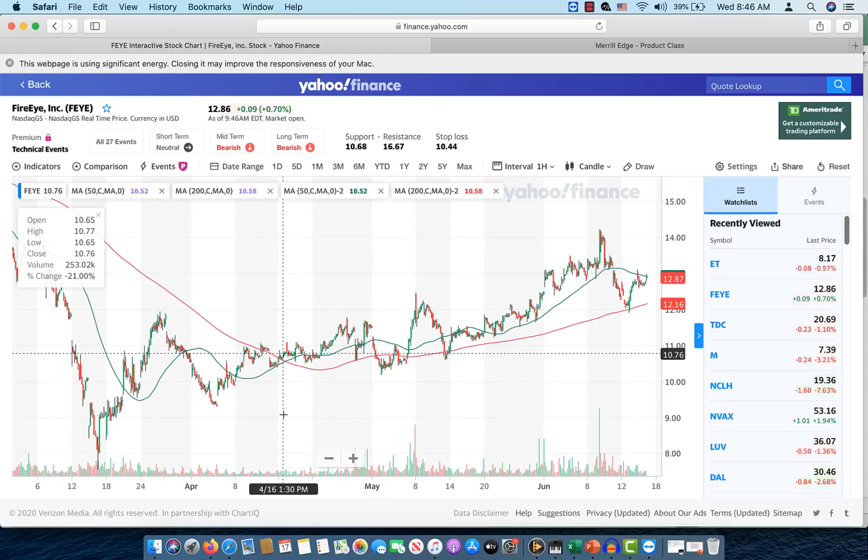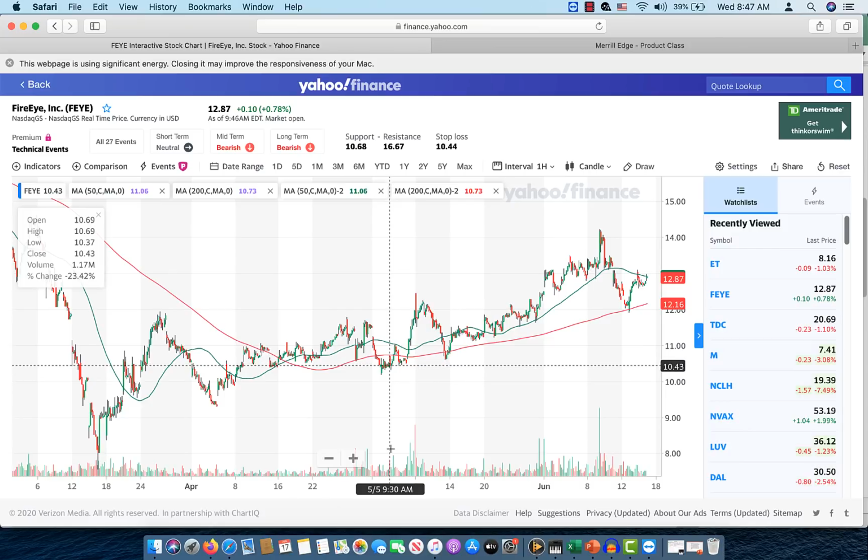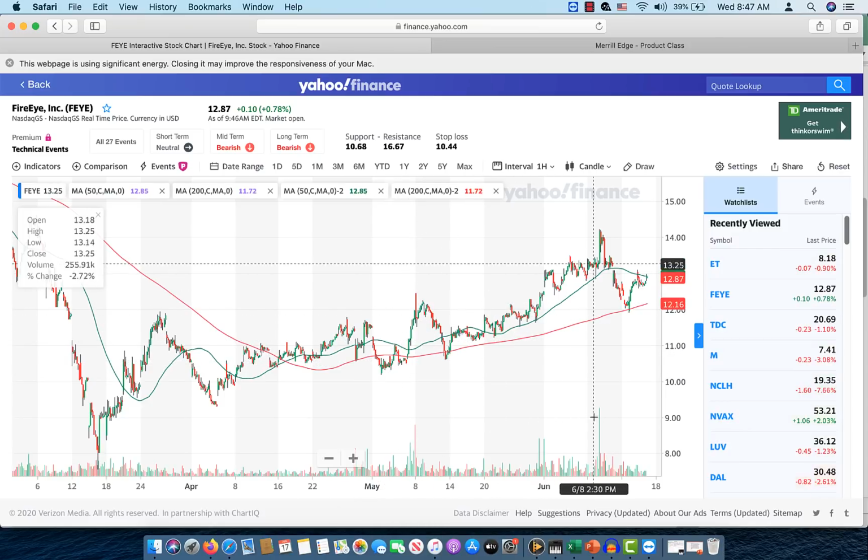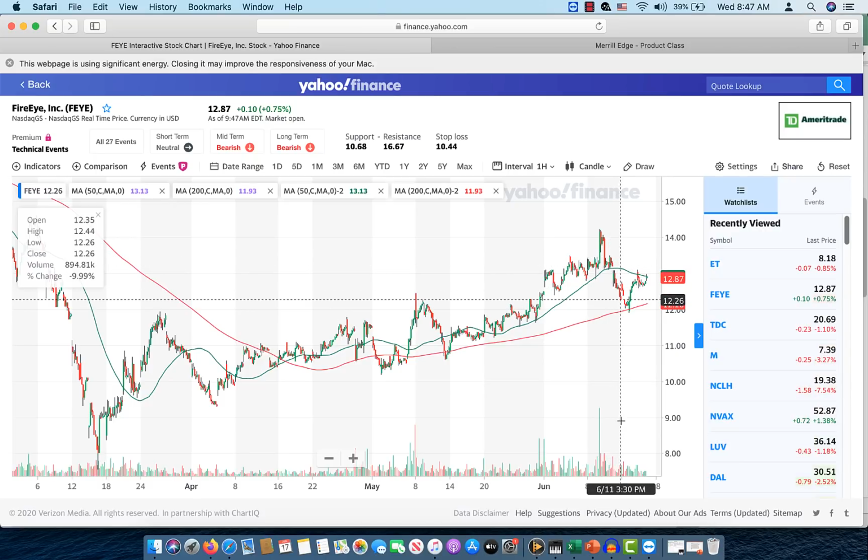Yeah, it's been in a bullish trend since April 16th. Once we crossed, it's in a bullish trend, even though it dipped below the 200 and then went back up. You see how it's rolling here? We dipped right here at the 200 again, but look how far the 50-day moving average is. It has a wider gap. That means it's going to bounce back.